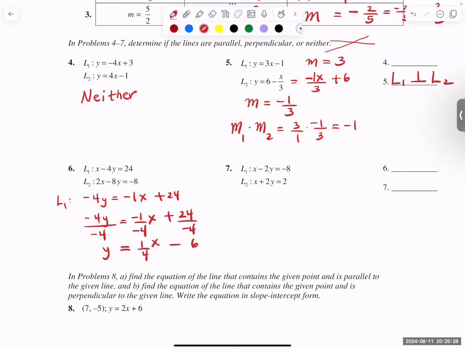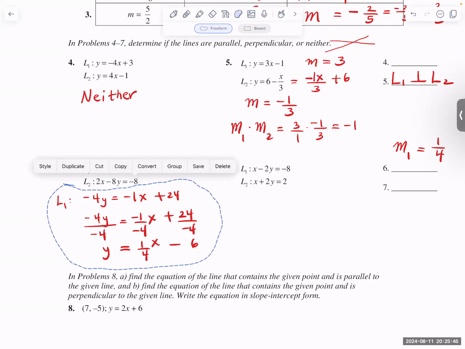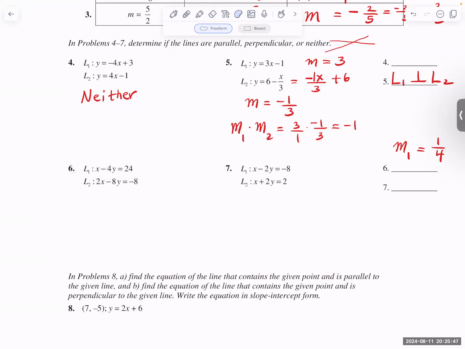So the slope of line 1, m sub 1, is positive 1/4. All right, let's work on line 2 now. Solving for y, we have negative 8y equals negative 2x, subtract 8.